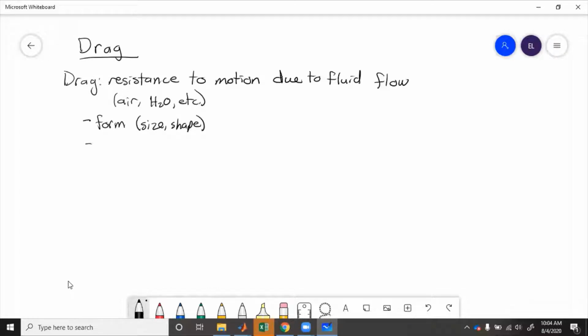There's also skin friction drag, which is due to the fluid viscosity. And there is wave drag, which is like shock wave.